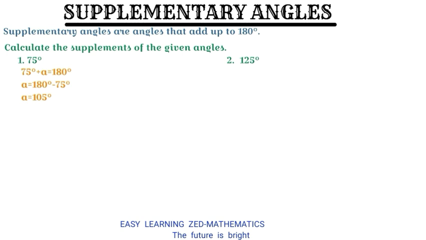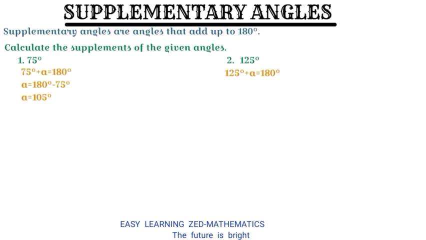Remember, we want to find the angle that we can add to 125 degrees in order to get 180 degrees. So we're going to come up with an expression like we did earlier on: 125 degrees plus a is equal to 180 degrees. As usual, a stands for the unknown angle.